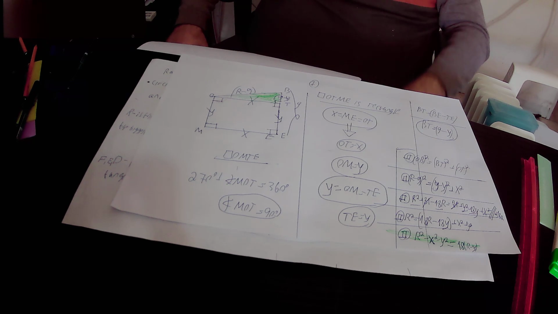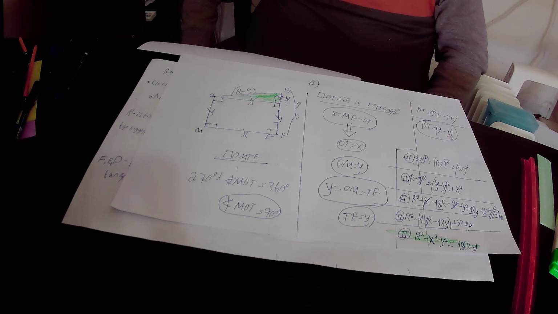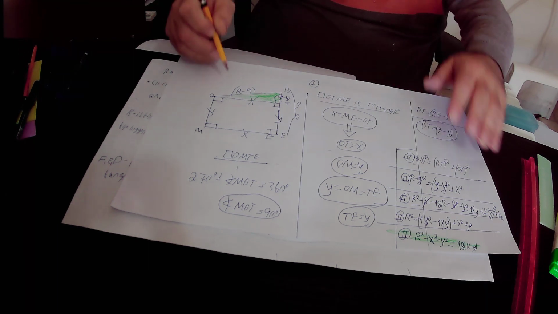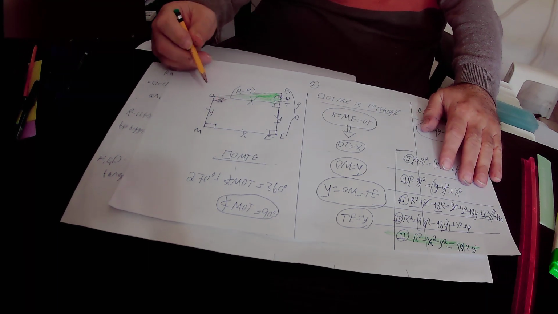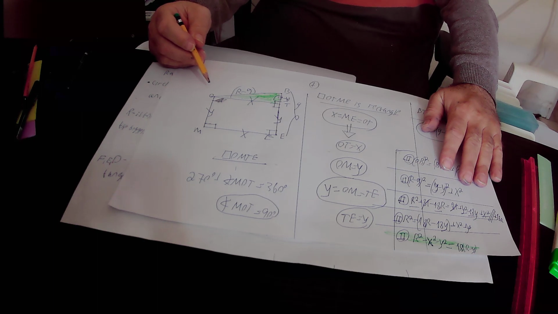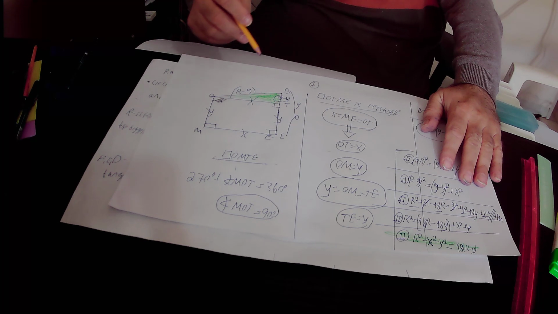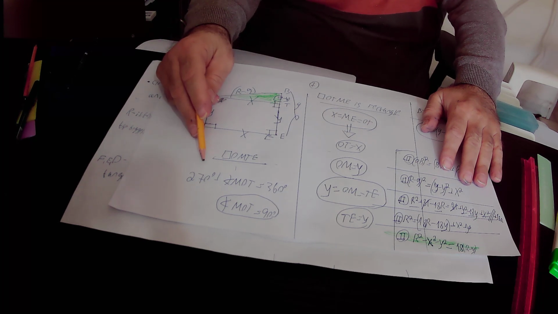And here quadrilateral OMTE has three right angles, 1, 2, 3, and the sum of three right angles is 270 degrees.